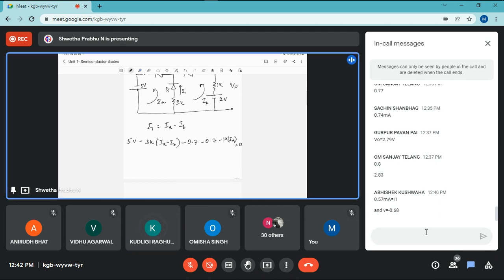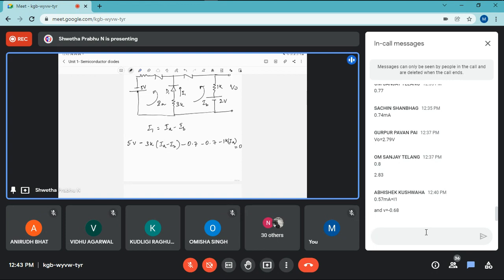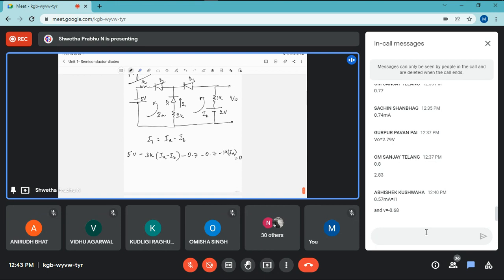Correct. Listen everyone, in order to find the potential drop across the 3K resistance, V is equal to I into R. So here you have to consider both the currents, IA minus IB multiplied by 3K, because with respect to the 3K path, the current flowing is I1, where I1 is nothing but IA minus IB.